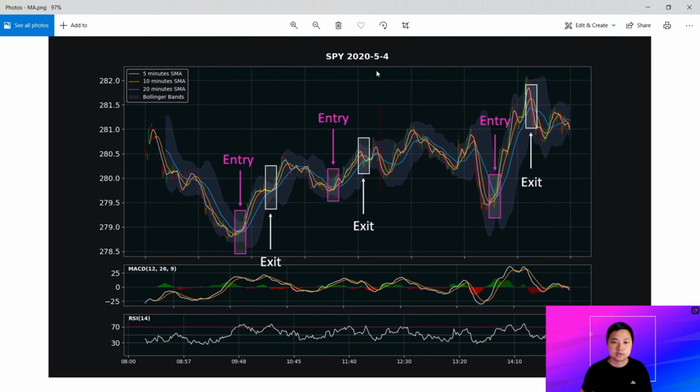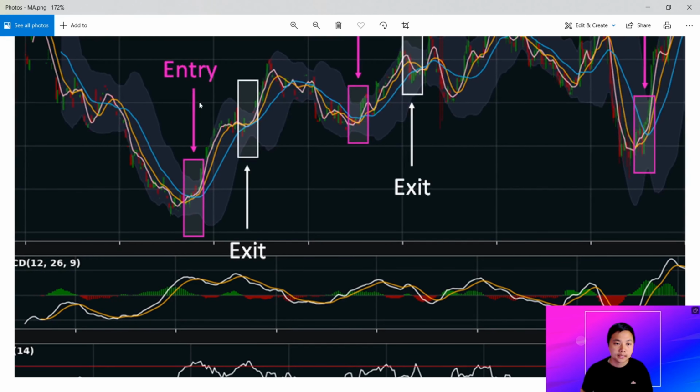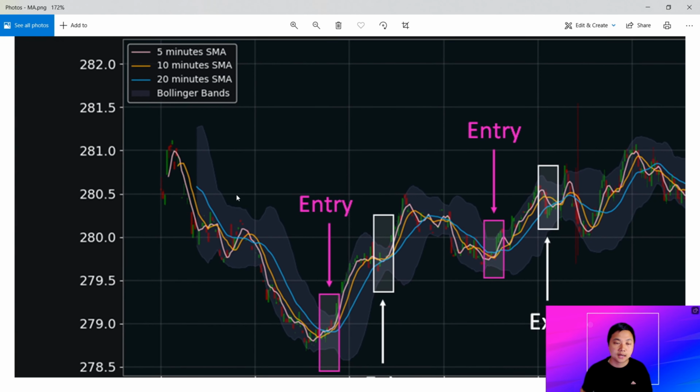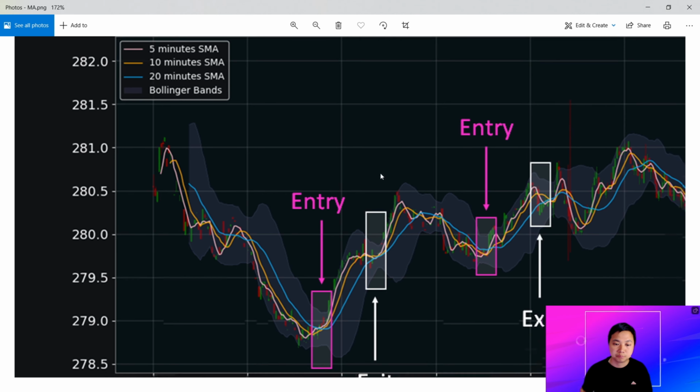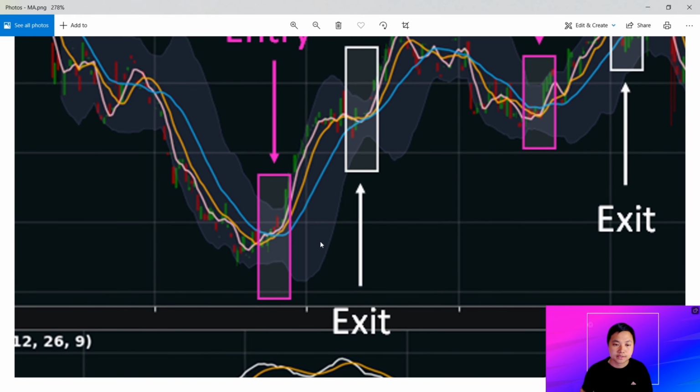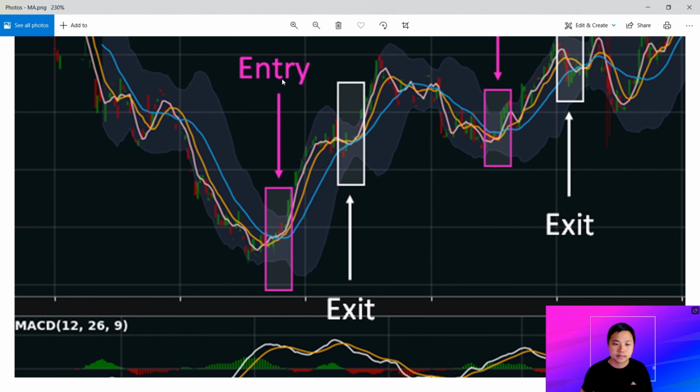So for example, this is one of the trading days for the SPY, which is an S&P ETF fund. You can see the fast moving average, that is the pink line, and then the slower ones, that are the orange and the blue lines over here. They are related because they are multiples of 5. Here you can see the pink line will trigger the entry, the buying signal, when it moves above the slower moving averages.